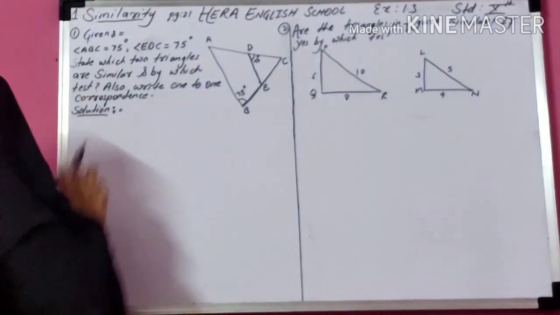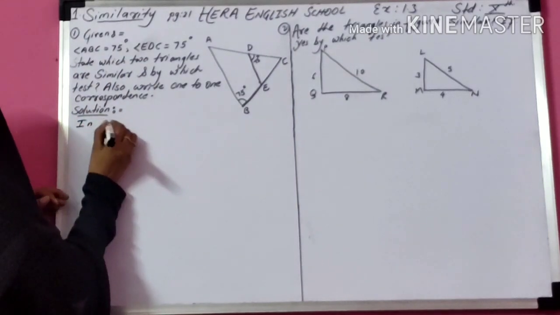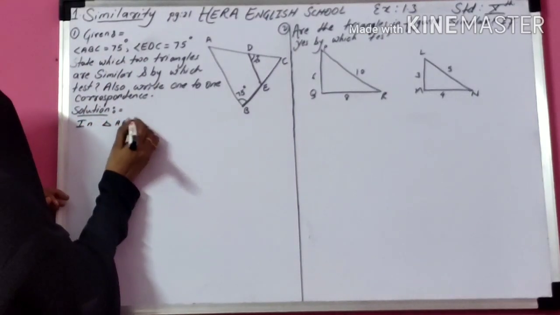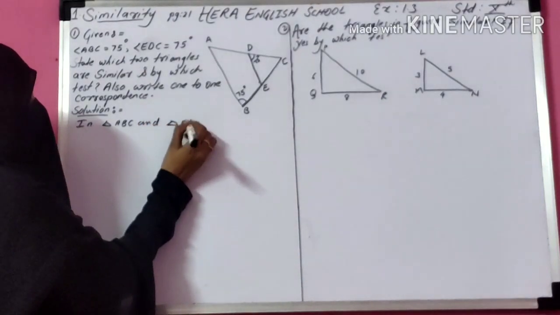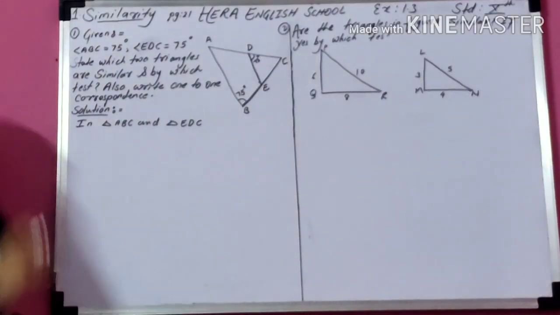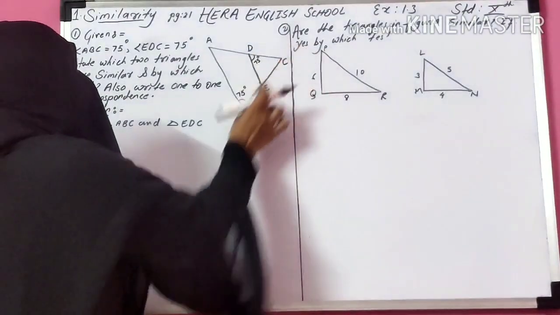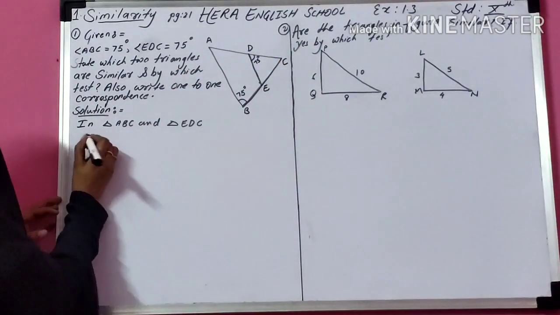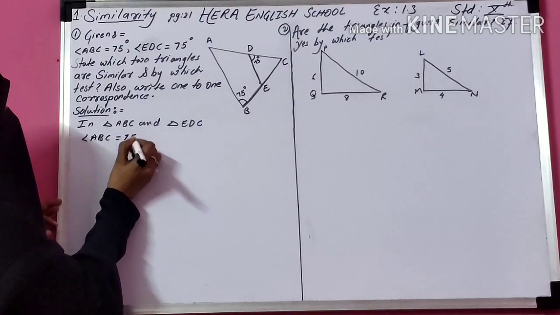I observe my two triangles: one is triangle ABC and the second one is triangle EDC. These two triangles I have to prove are similar. Now observe the given part in the figure. In ABC you observe angle ABC is 75 degrees.